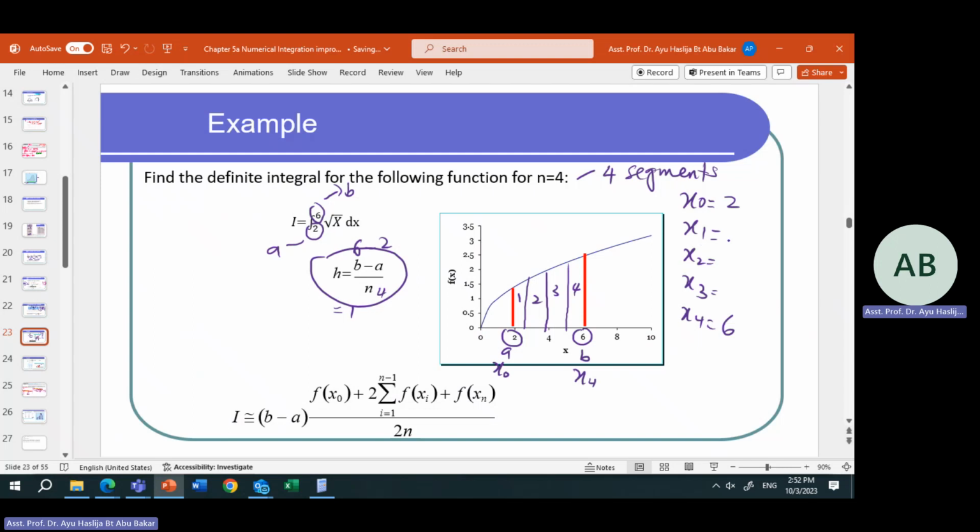How to find x1 from here? 2 plus 1, correct. So x1 equals to x0, the initial point, plus the h.